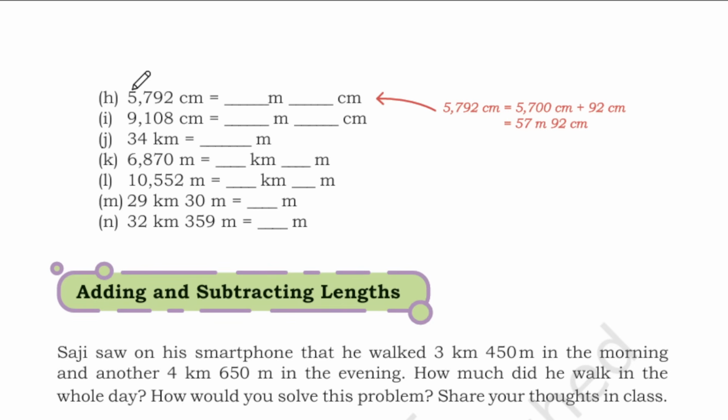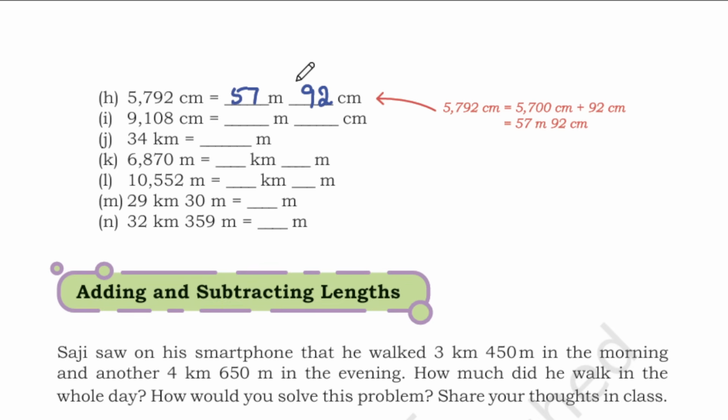So next we have 5,792 centimeter. You have to convert this into meter. Easy question, students. So this one is 5,700 centimeter plus 92 centimeter, so you will get 57 meters and 92 centimeters.